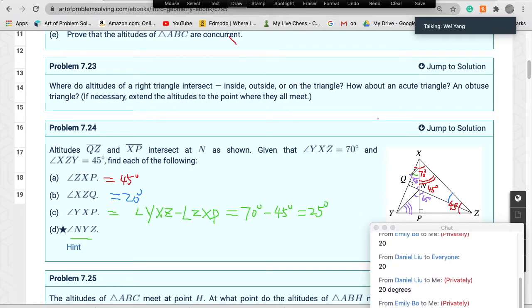Oh no, that's not necessarily congruent, because this one is not guaranteed to equal this. So this one will equal the sum of this with this. That means we need to find this angle.